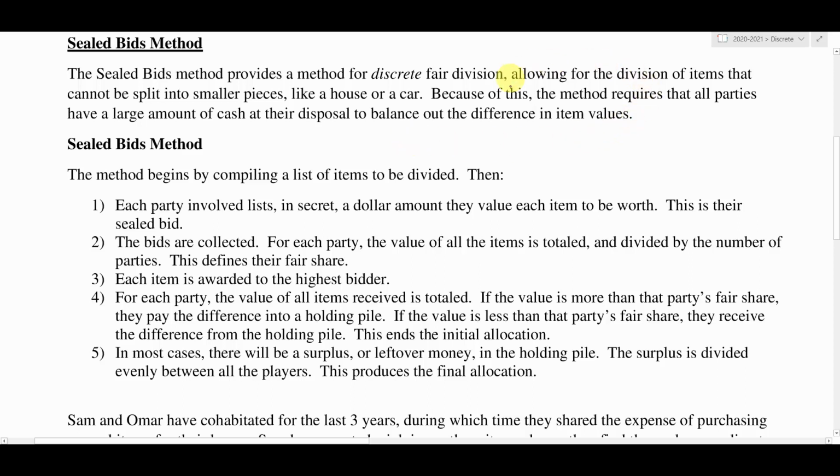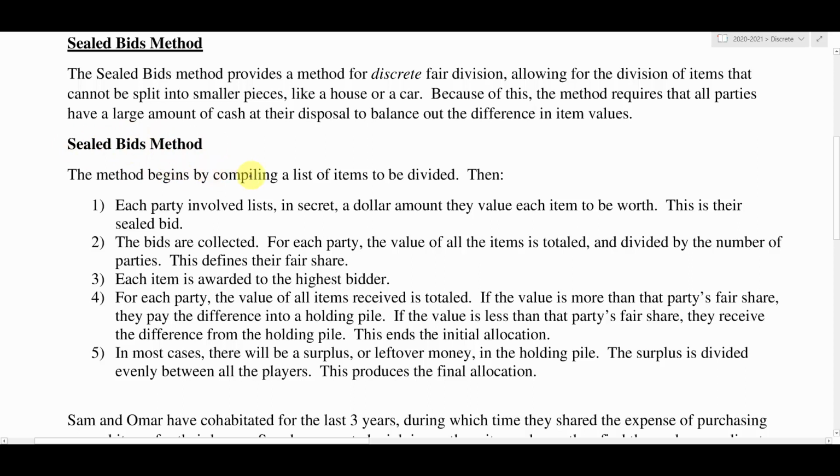Like a car or a house or a couch or a TV. We have to find a fair and equitable way to distribute the items amongst the parties without destroying the items, preferably. That's what the sealed bids method does for us.